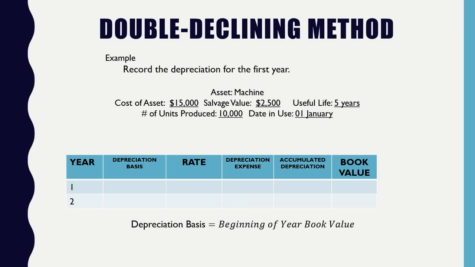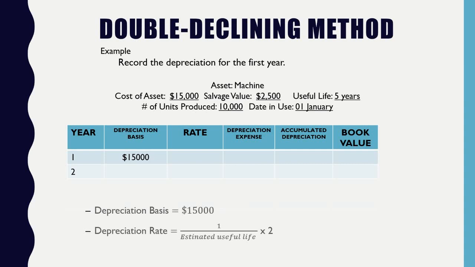How are we going to determine the book value of the asset? What is the book value of the asset right now? 15,000. It's going to be exactly what you purchased the asset for. Fair market value, book value, meaning because we haven't even started depreciating it at all, it should still reflect that it holds the value of 15,000. So yes, 15,000 is your depreciation basis, okay?